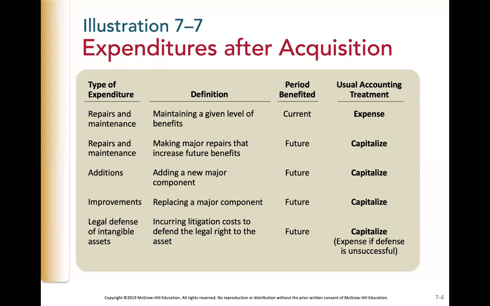If a firm successfully defends an intangible right, we should capitalize the litigation costs. So if you're successful, you win the case, those costs are capitalized. However, if the defense of an intangible right is unsuccessful, you should expense the litigation costs in the current period because they do not provide future benefit.